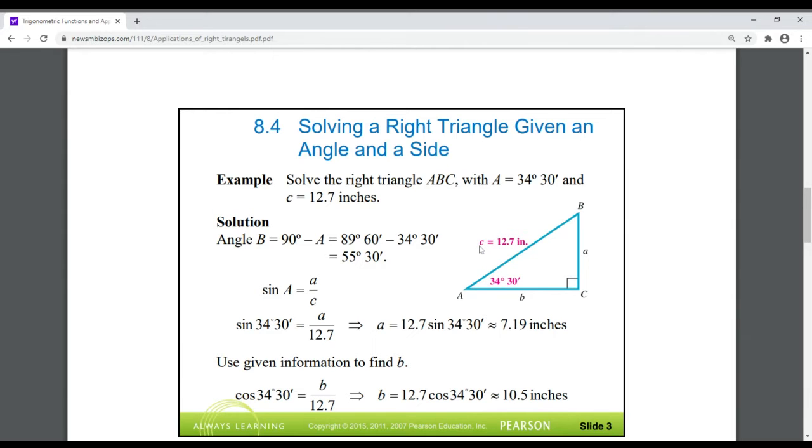So notice the lowercase letters represent side lengths, the uppercase letters represent angle measures. If I take a look at angle B, the side that's opposite angle B is side length b. And notice it's denoted by a lowercase letter.